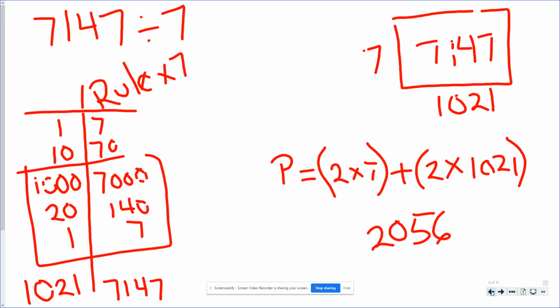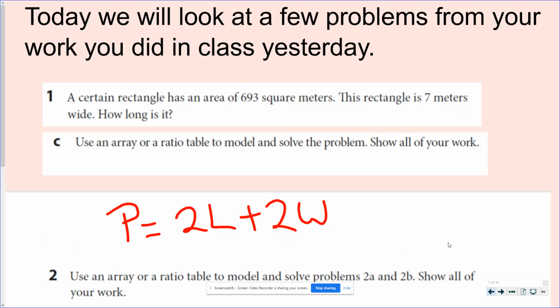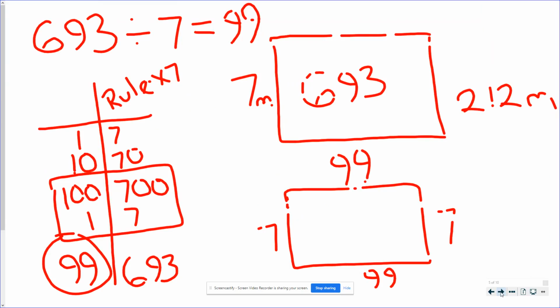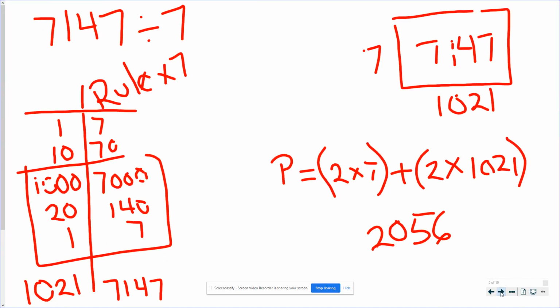And I'm going to go back to my problem right now to find out what the units are. It looks like feet. So we have the total length of this bike trail is 2,056 feet. And there you have it. That's how you would solve those two problems.